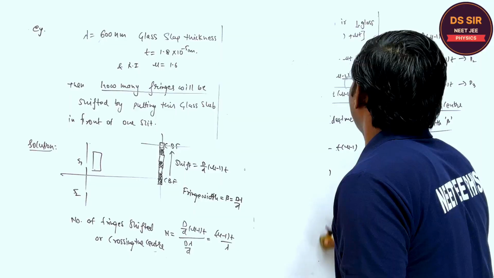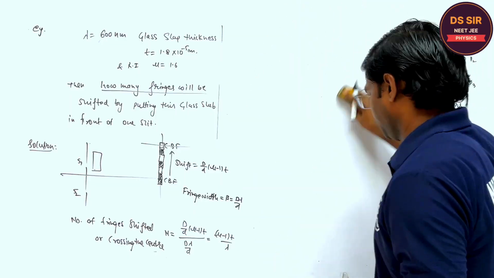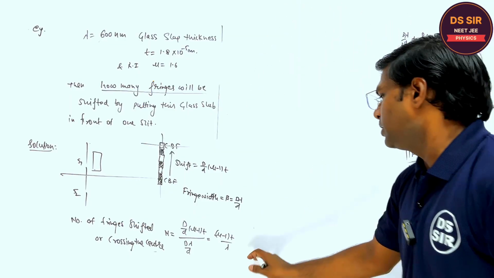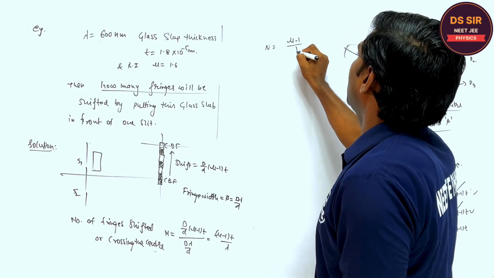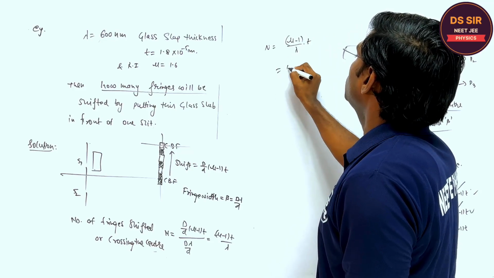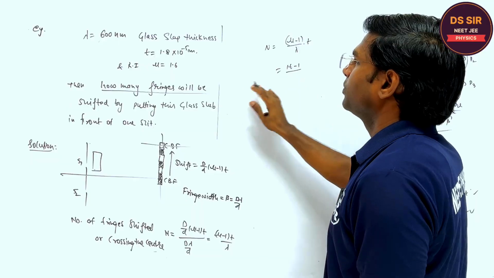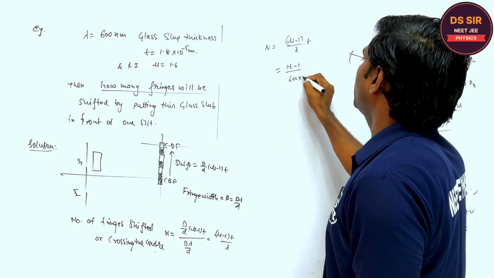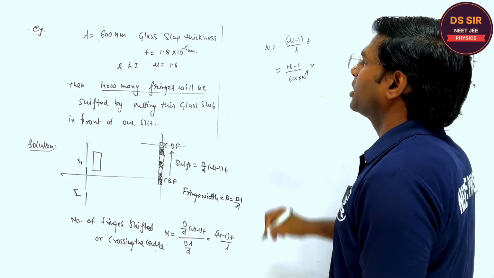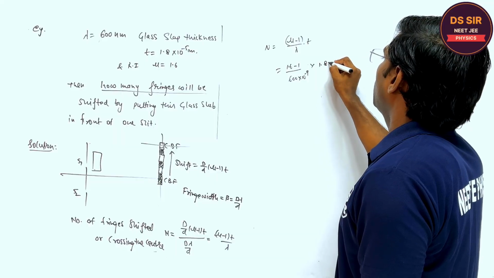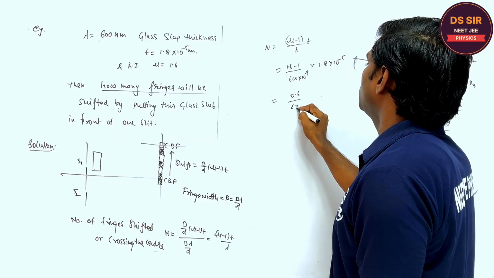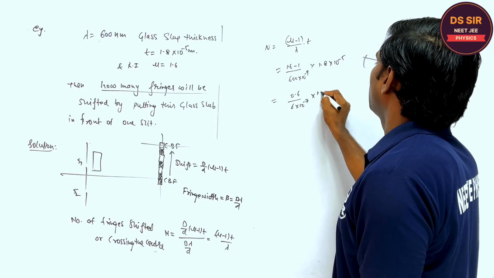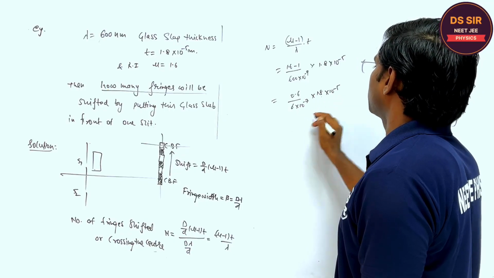So now we can find the answer, right? For example, n will be equal to (mu minus 1) t upon lambda. So mu is 1.6 minus 1. The wavelength is 600 nanometer and the thickness is what? 1.8 into 10 to the power minus 5. That is 0.6 into 6 into 10 to the power minus 7 in the denominator, and 1.8 into 10 to the power minus 5.